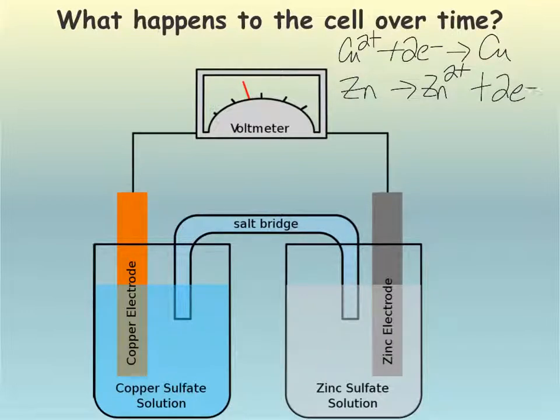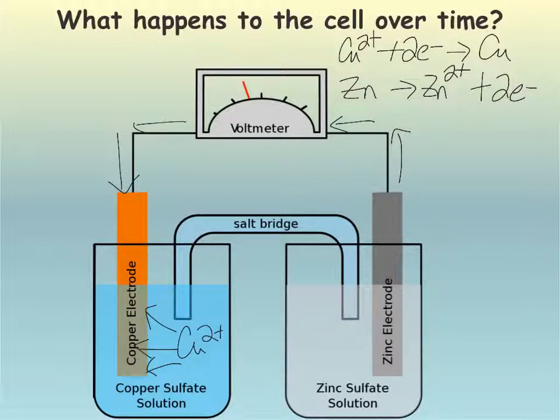Okay, so we have electrons flowing this way, going down here. All the copper 2+ ions in solution are gaining electrons, plating onto the copper electrode. The copper electrode is increasing in mass.